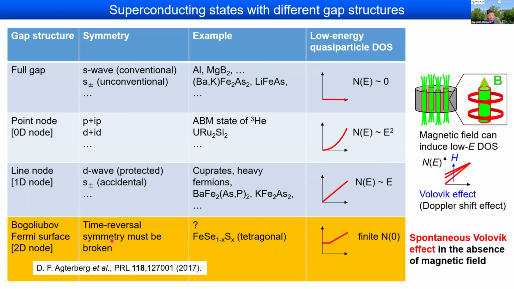But to have this very exotic superconducting state, there is a very important ingredient, which is that time reversal symmetry must be broken in the superconducting state. You can roughly understand this by saying that if you have time reversal symmetry breaking, even in the absence of magnetic field, you may find some kind of spontaneous Volovik effect that can create low energy states.